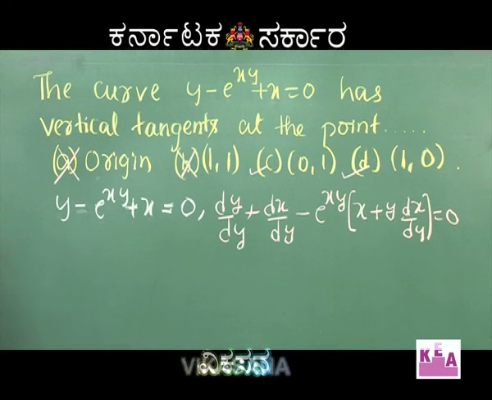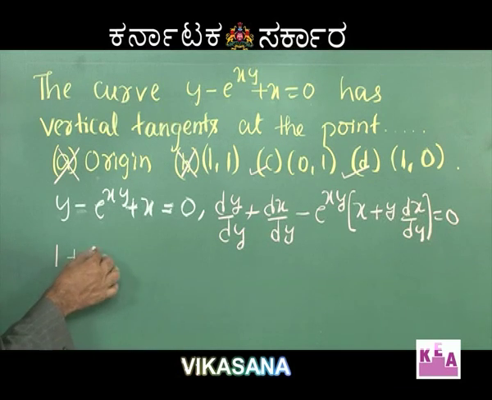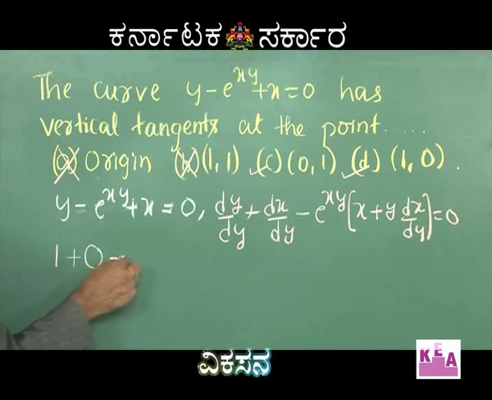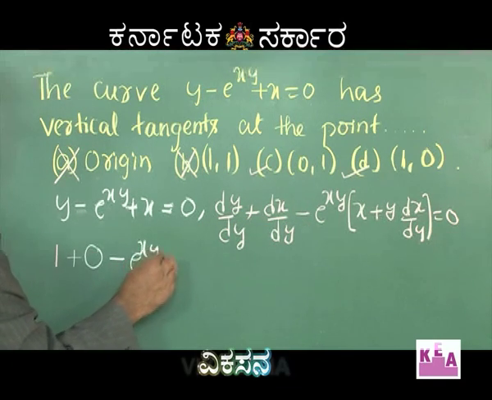Now dy by dy is equal to 1 and of course now put dx by dy equal to 0. What happens? So 1 plus 0 minus e power xy, let it be as it is.